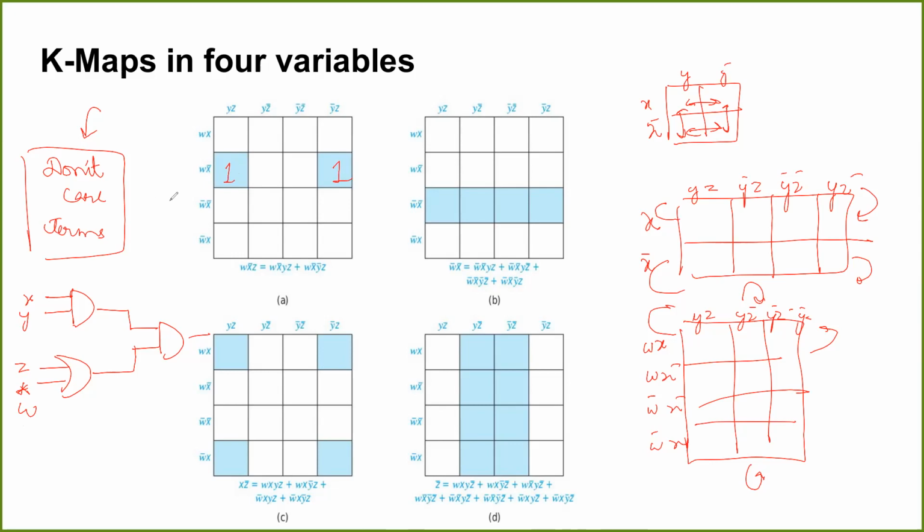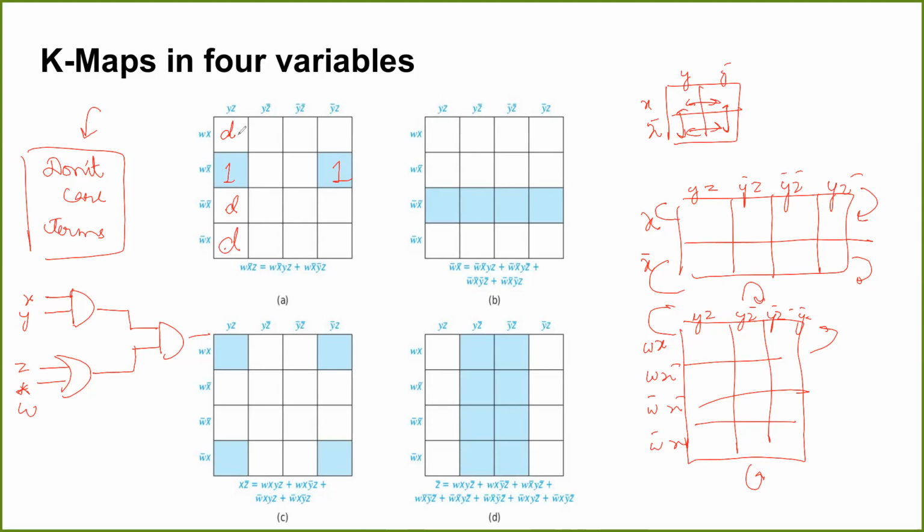So whatever boxes are there where I have the value of W, I can put a D there. That means any of these can be true because I don't specifically know whether the term is there or not. What these don't care terms help you with is further minimization.